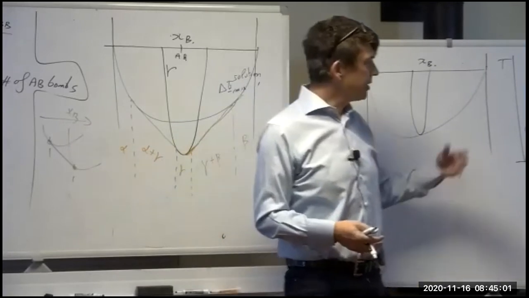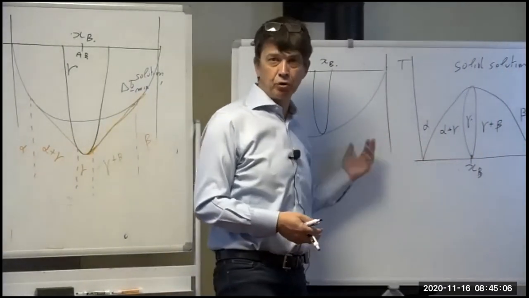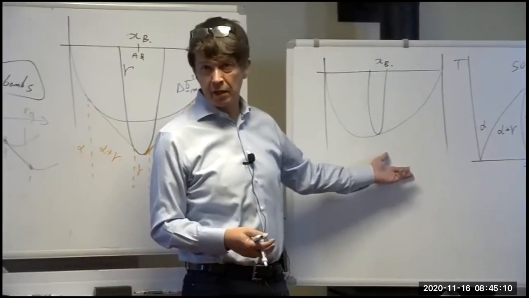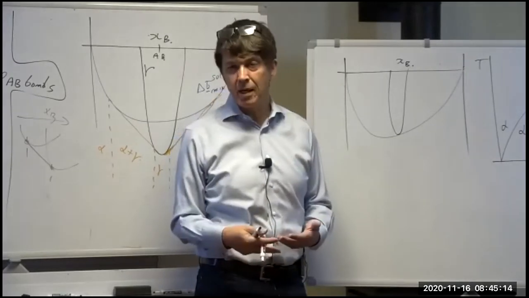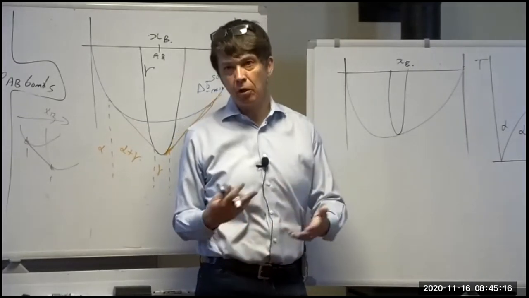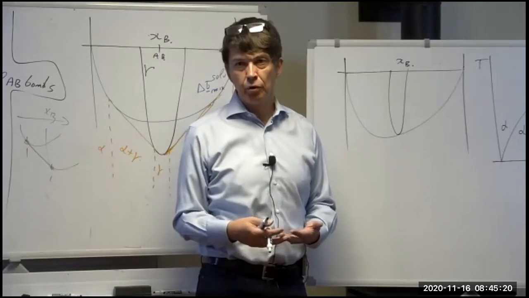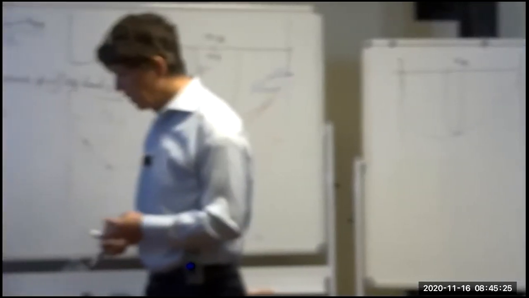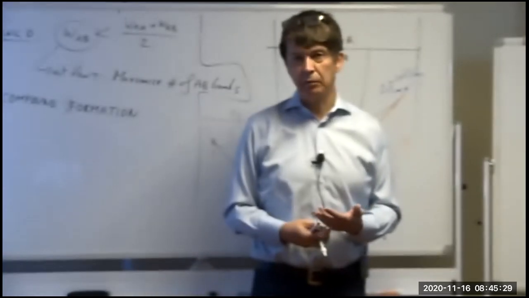So when you see a phase diagram, you should be able to draw a free energy curve. If you get free energies at one temperature, you should be able to extrapolate behavior to other temperatures, depending on what the estimated entropy of each species is. So you should be very flexible going back and forth between free energies and phase diagrams. And that's the extra step we make here, and we'll do a lot more of that.